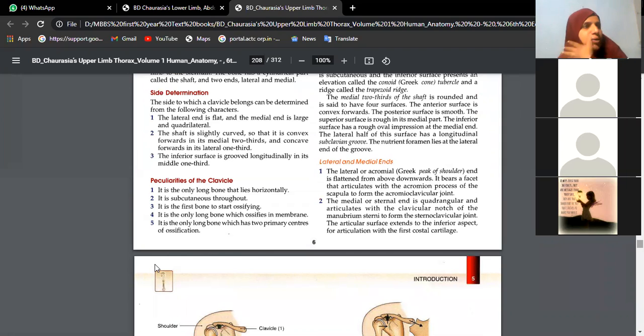Okay. Lyon's hypothesis, according to her, generally, in order to check the Barr body, which is also called sex chromatin, we take buccal mucosa and we stain it. Once we stain, you will see a dark colored structure inside the cells. That dark colored structure is identified as Barr body.